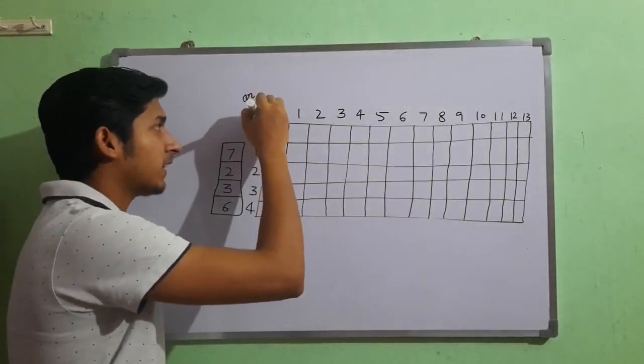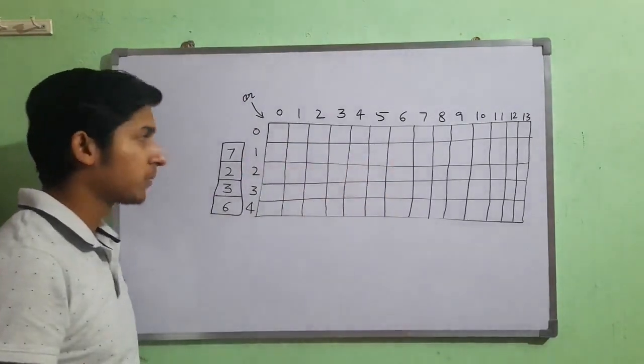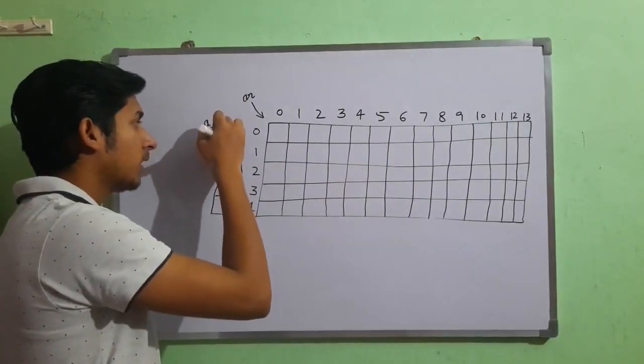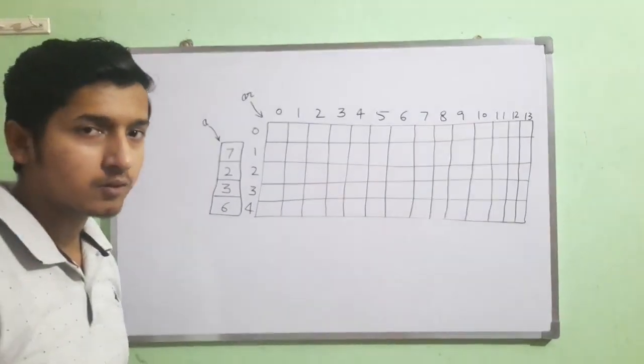Suppose this is our array for dynamic programming, and this is an array for the value of coins.